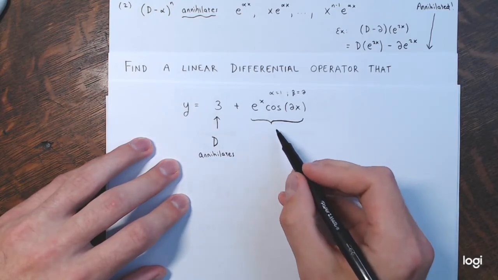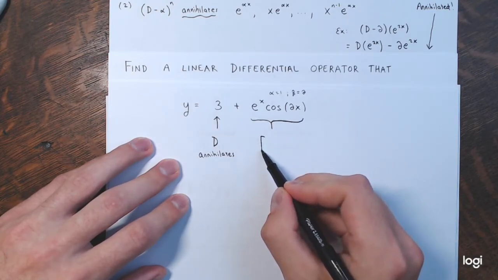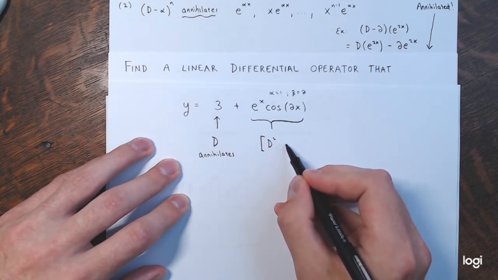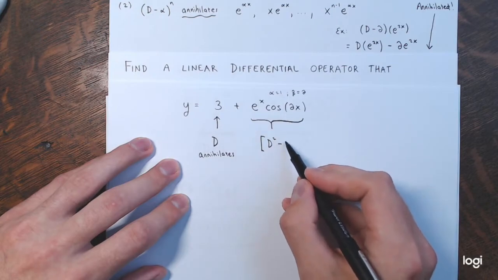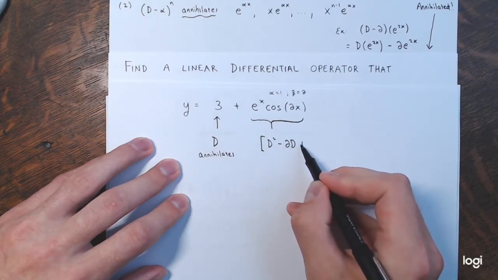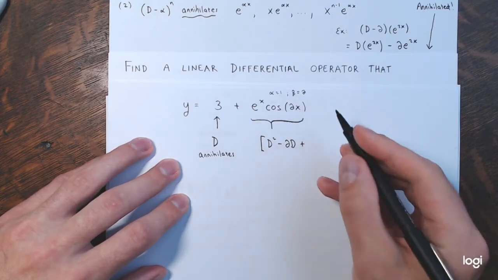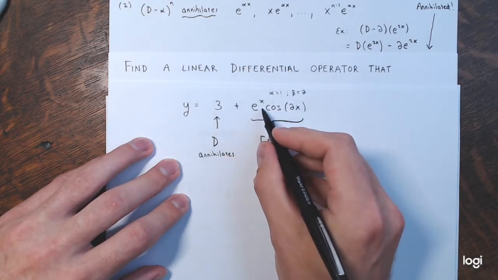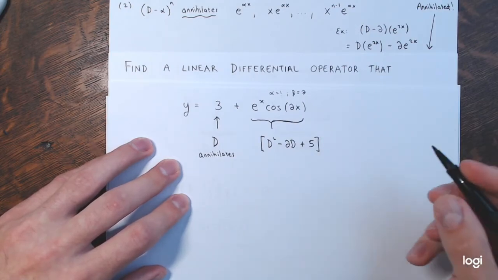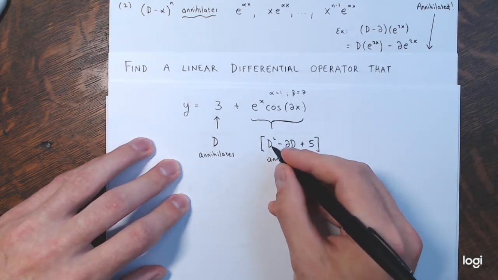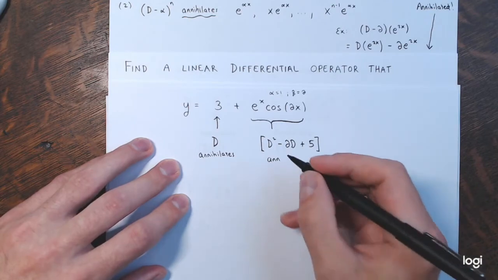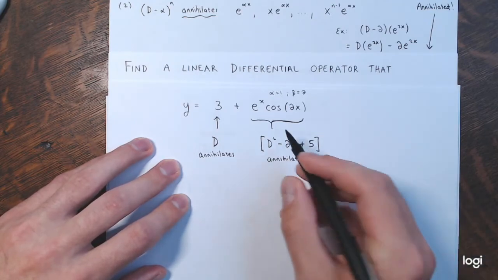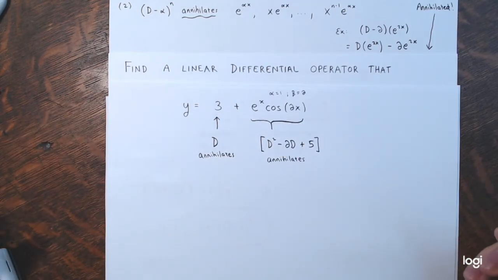So based on the rule I put up earlier, the annihilator for this would be D squared, remember, it's minus 2 alpha D, so minus 2 times 1 D, so minus 2D, then plus alpha squared plus beta squared, 1 squared plus 2 squared, which is 5. And there's no power of x attached to this, so it's just to the first power. So the operator D squared minus 2D plus 5 would annihilate this e to the x times cosine of 2x.